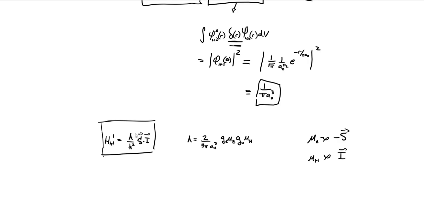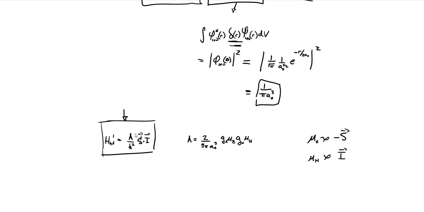So S dot I is going to be negative when the moments are aligned, which is anti-aligned spin. So that's going to lower the energy. The other way, it's going to raise it.